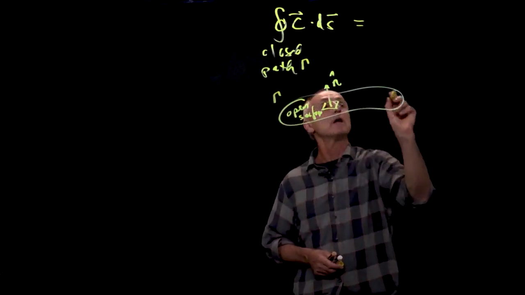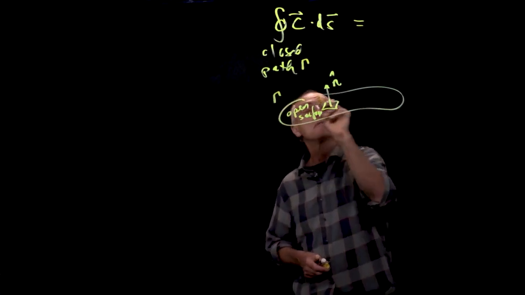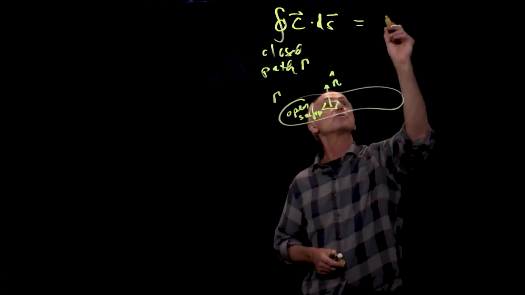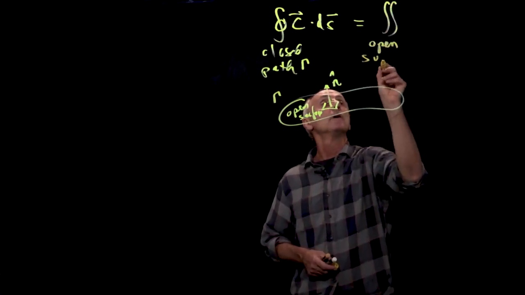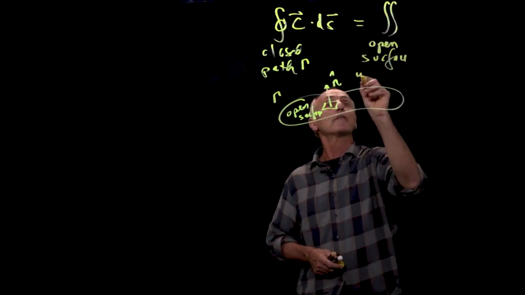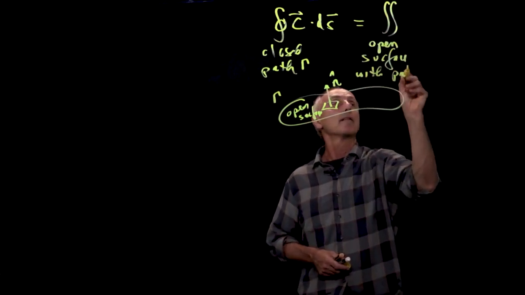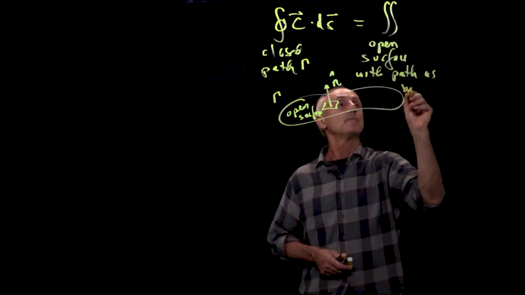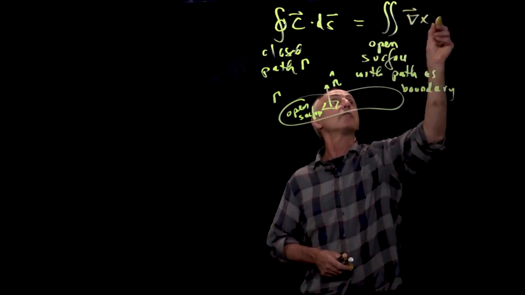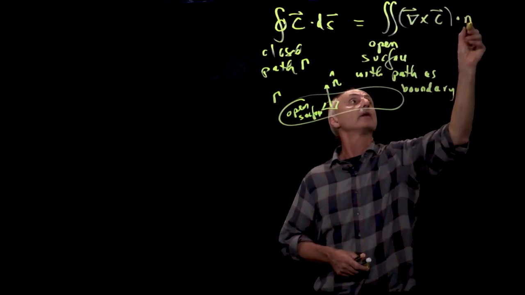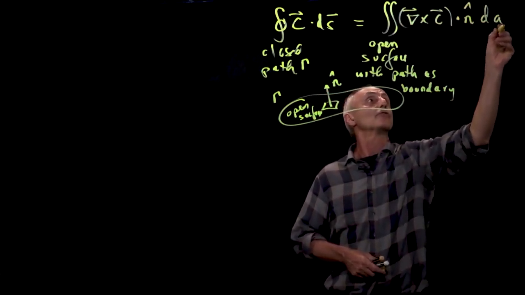The integral around the boundary of this open surface, the integral with the path as boundary, is equal to the curl of the vector field integrated over that open surface.